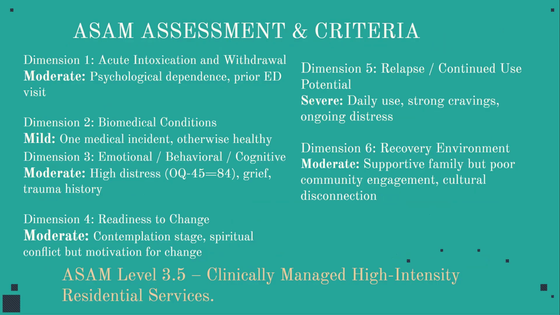Dimension 4 is moderate, contemplation stage, as exhibited by spiritual conflict, but motivation for change. Dimension 5, relapse and continued use, is severe, as they stated they cannot. They're using and seeking to use every day with strong cravings.